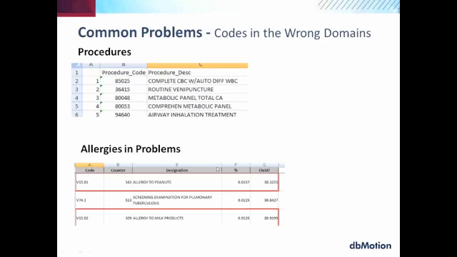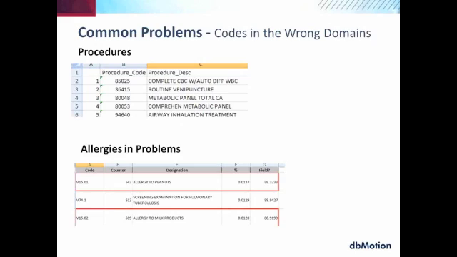That's a lab test. A patient goes into his doctor's office and gets a lab test. That stick that they do inside the office that they charge for, they're using it to charge the insurance company, and that code is being reused to send information inside dbMotion, but a venous puncture does not belong inside of a procedures domain. So that's another big problem.